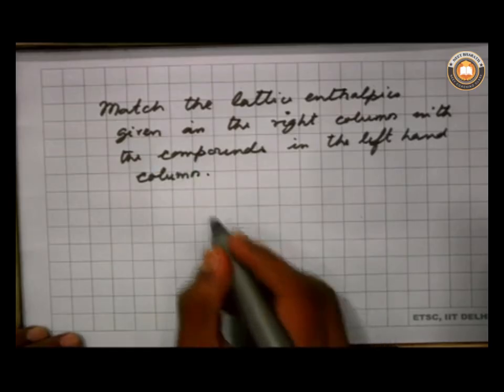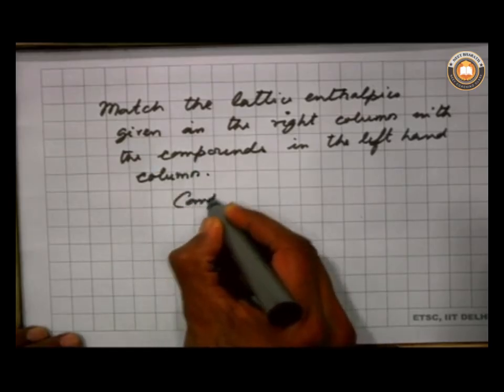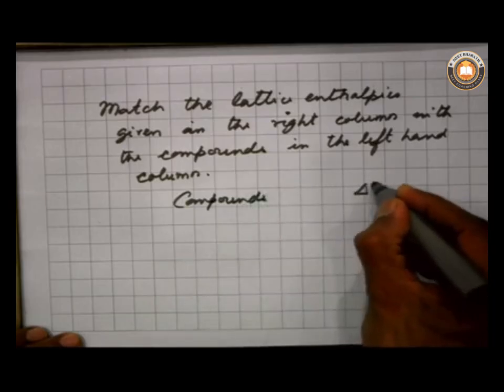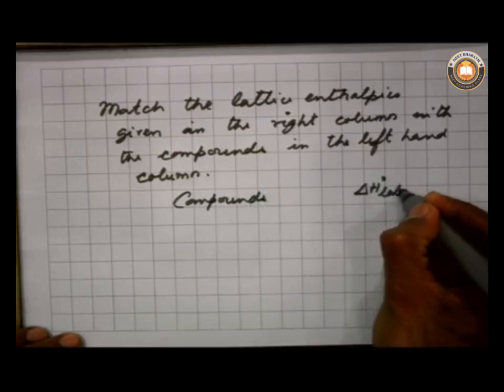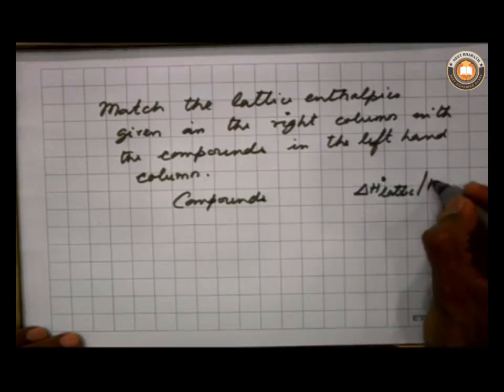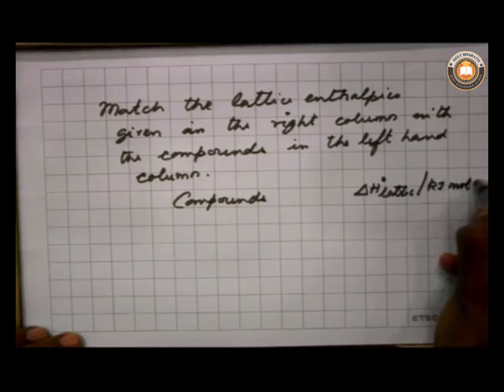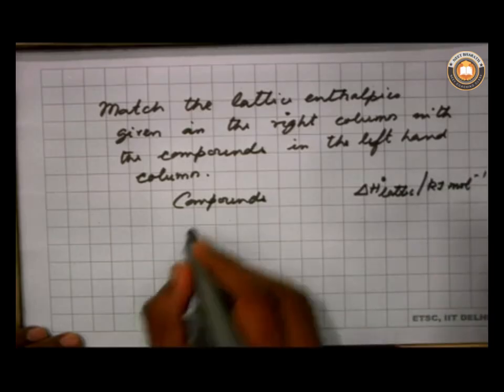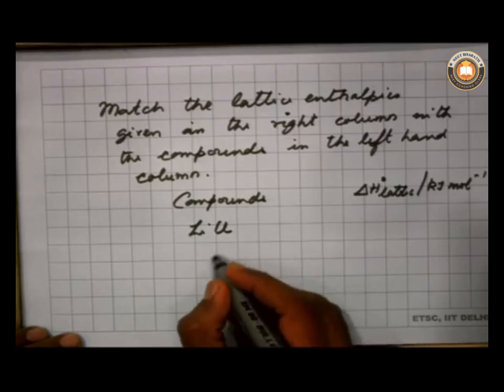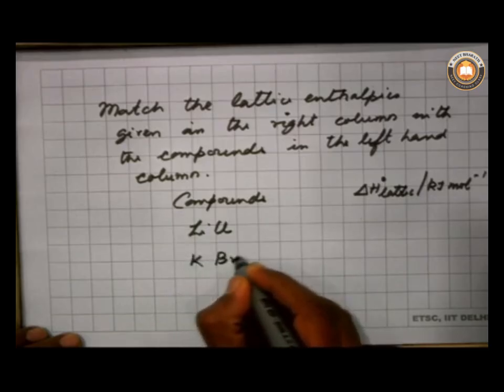You should be able to do this now. So, here are the compounds on the left, and here is the lattice energy that we know has been measured, given in kilojoules per mole. LiCl, the compounds are this.